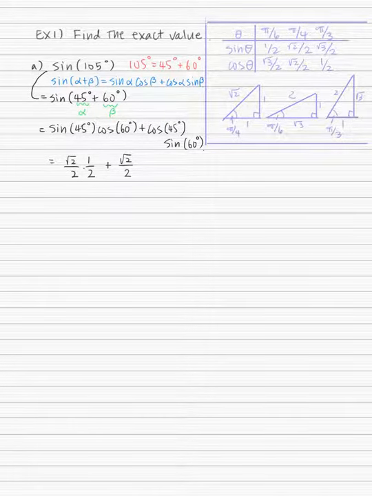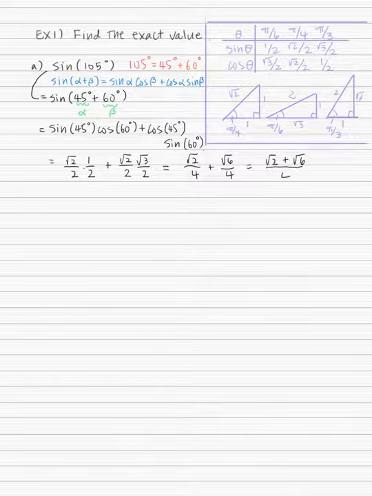And sine of 60 is root 3 over 2. Let's simplify. You're going to have root 2 over 4 plus root 6 over 4. So the answer is root 2 plus root 6, whole thing over 4. So here's our answer.